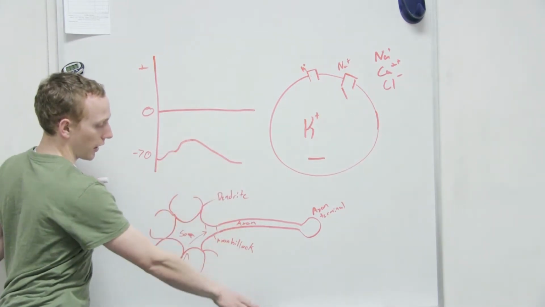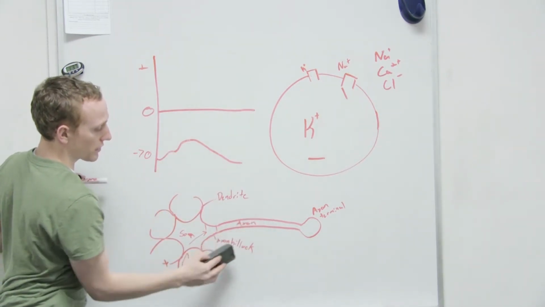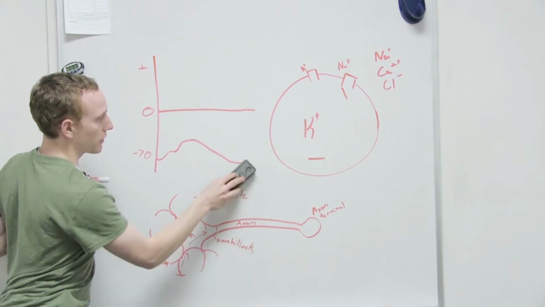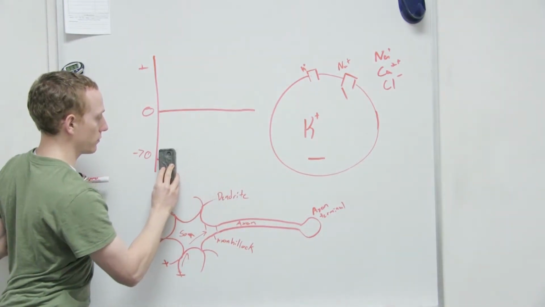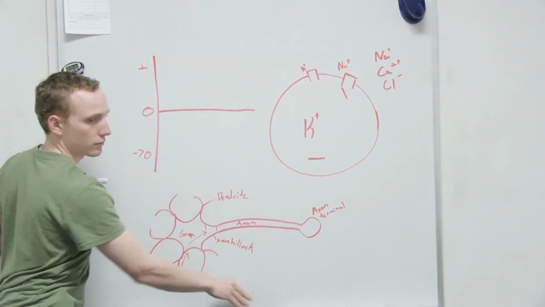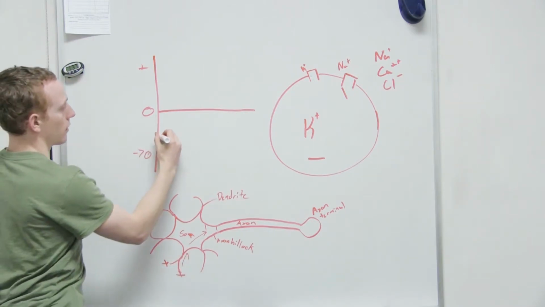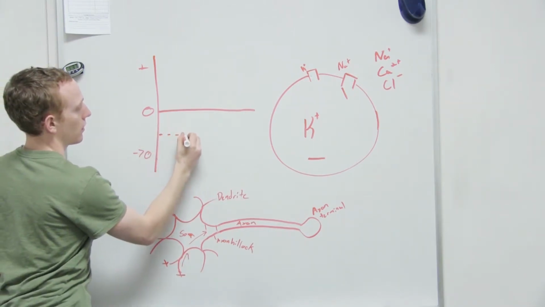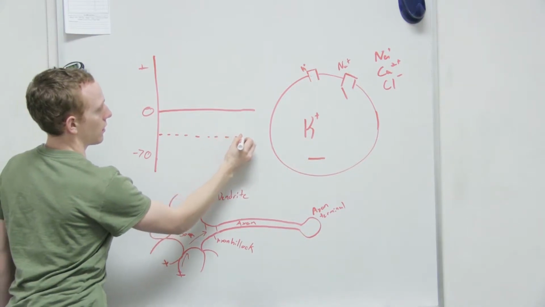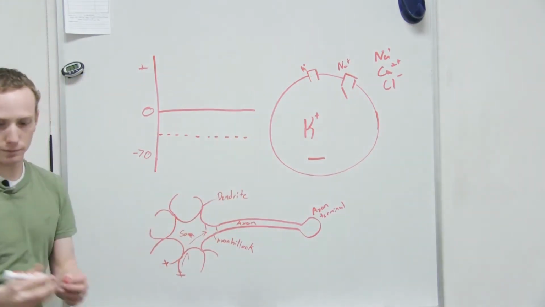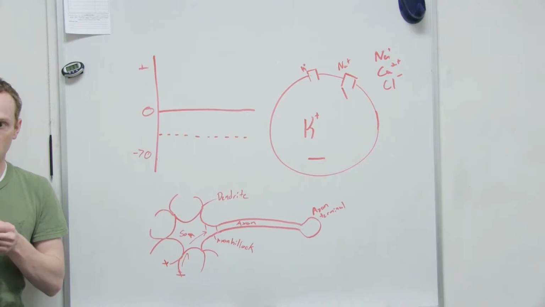So once it reaches the axon hillock, there's a point called threshold, okay? And that's for graded and action, for any potential.